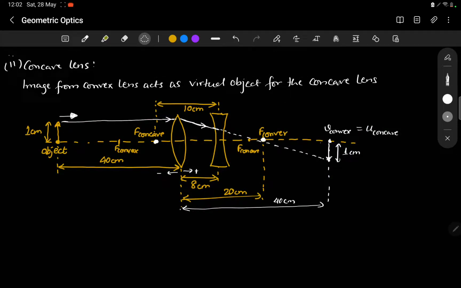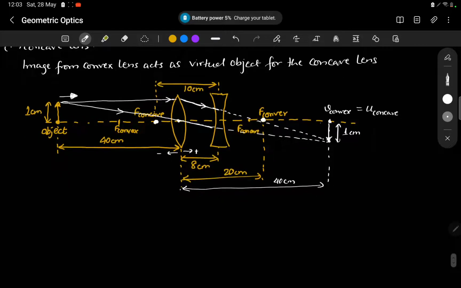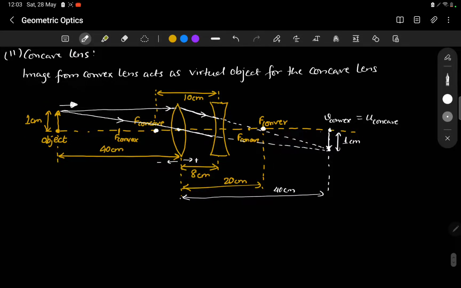So if we have a ray passing through the center of the convex lens, or the pole of the lens, then it would move undeviated and would essentially meet this point had the concave lens not been there. So this point, this image from the convex lens, acts as the virtual object for the concave lens.